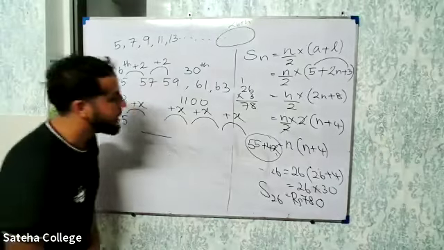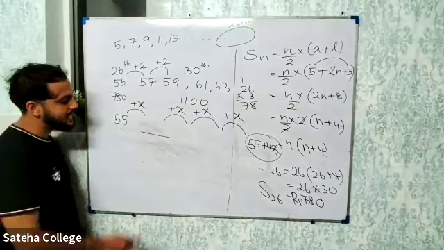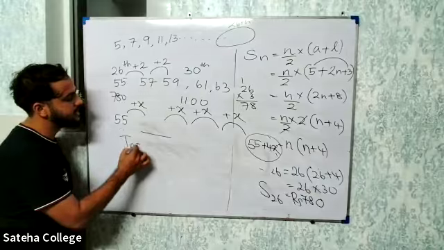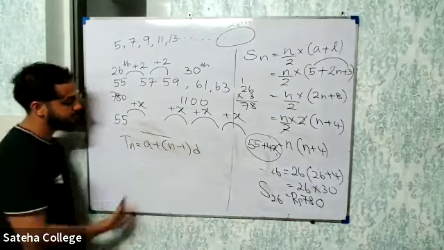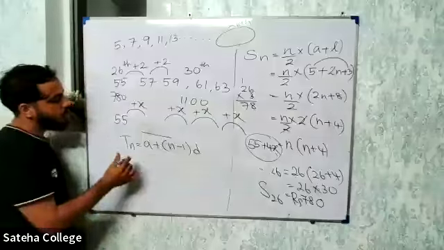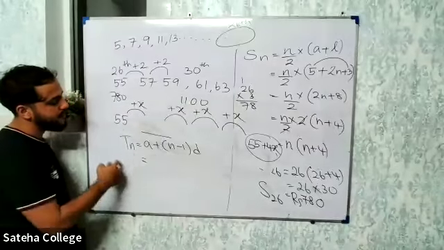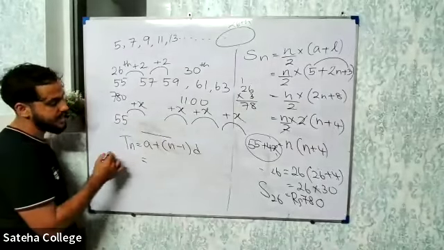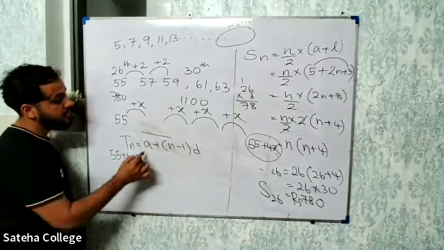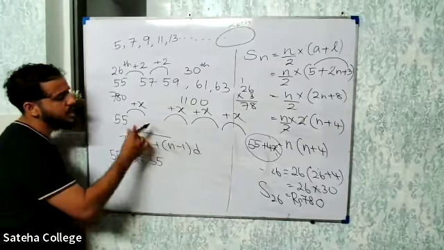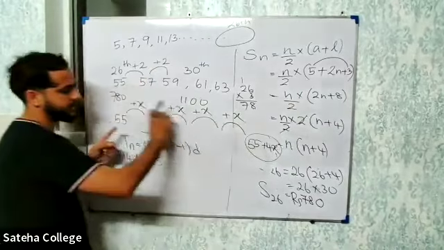Now what you can do here, you can apply the Tn equation, right? Tn is equal to a plus n minus 1 into d, right? So now we know the value of the last term, that is 55 plus 4x. Now these are like a new arithmetic progression, right?